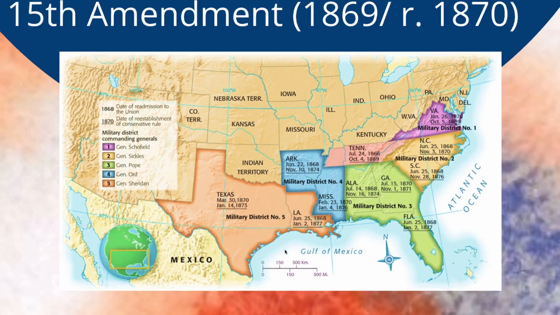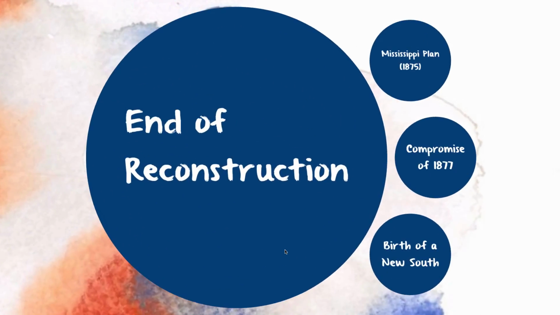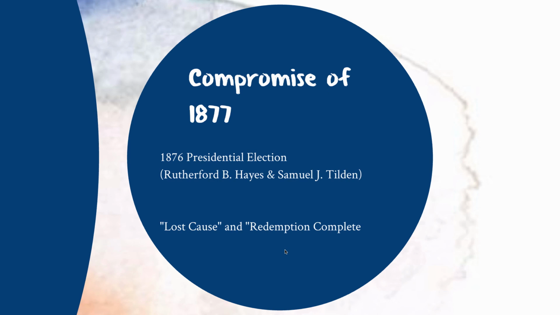And so part of the Compromise of 1877, it's not just that it decides who becomes the president here, but it's to get rid of all of those Union troops out of the South. And so this officially ends Reconstruction, right?